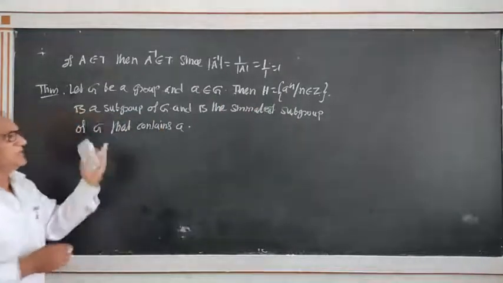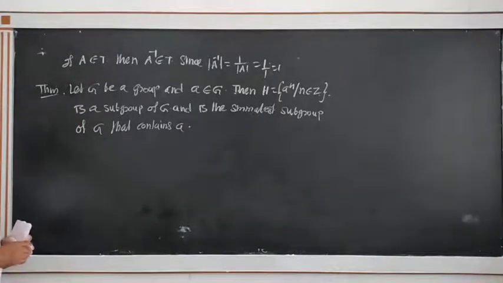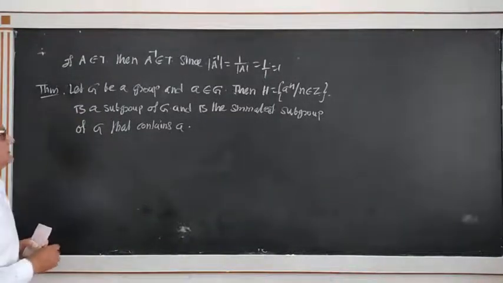We want to show these three properties: closure, identity, and inverse.